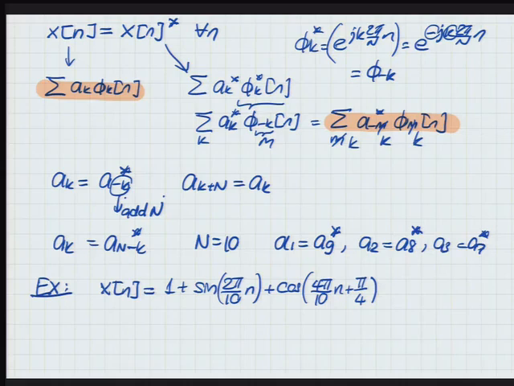The least common multiple is 10. So we're going to take N equals 10 as our period. That means we're going to define phi_k as e to the j 2 pi over 10.